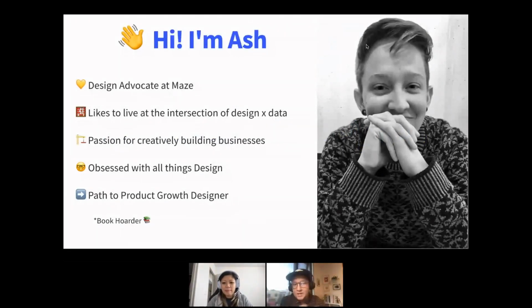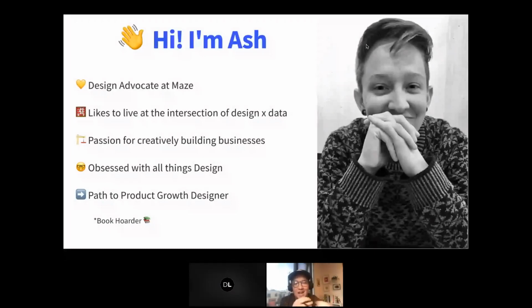I'm one of the design advocates at Maze, and I like to describe my fusion of passion between design and data. I formerly worked at some startups that were really focused on data and machine learning. So I am really passionate and excited by data visualization and how we communicate with data, and of course, how that stems into and fuels design.